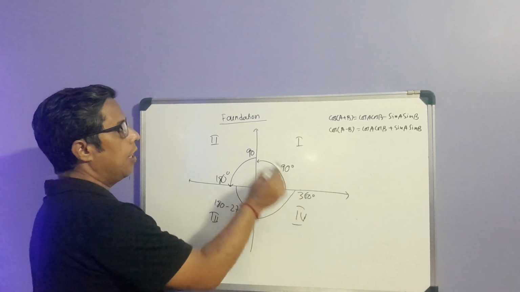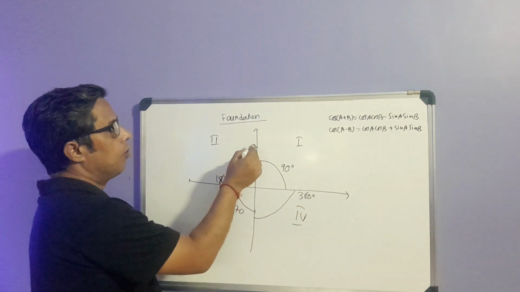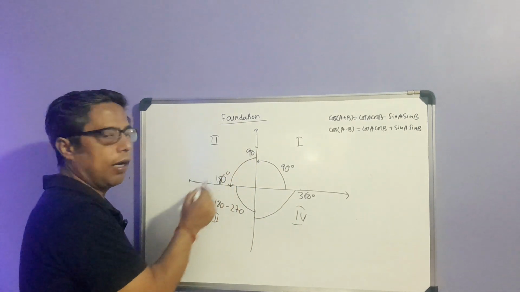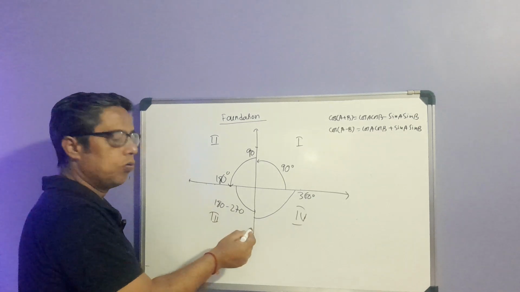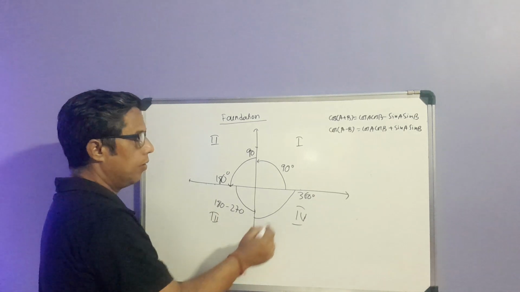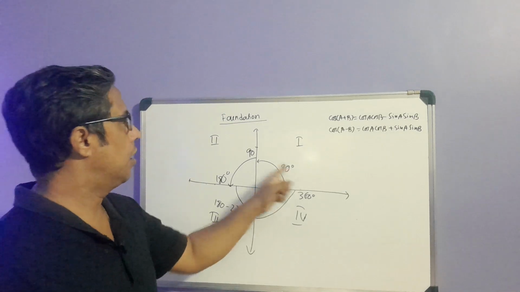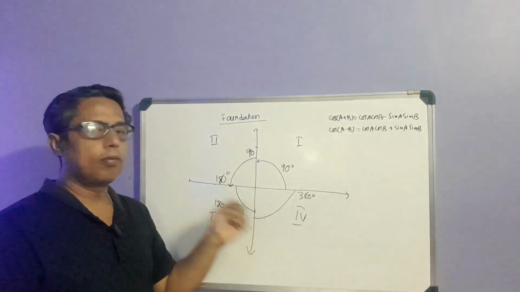Starting from here we reach 90, then 90 to 180, then 180 to 270, then 270 to 360. First quadrant, second quadrant, third quadrant, fourth quadrant.